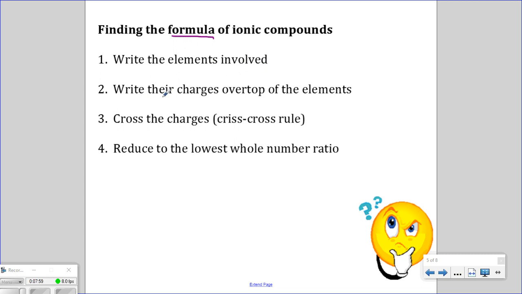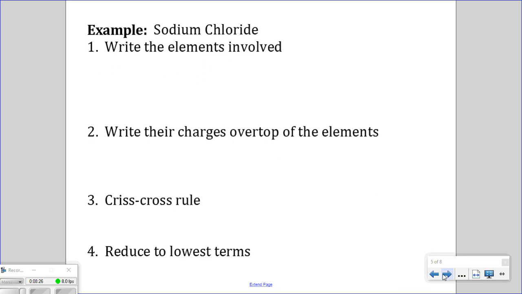We write their charges over top of the elements, and we can determine their charges from the periodic table, from where they're located. We can then use what's called the crisscross rule. So we cross the charges, so we cross the numbers, but not the positive or negatives. And then where applicable, we reduce to the lowest whole number ratio. So if we can, we reduce our numbers.